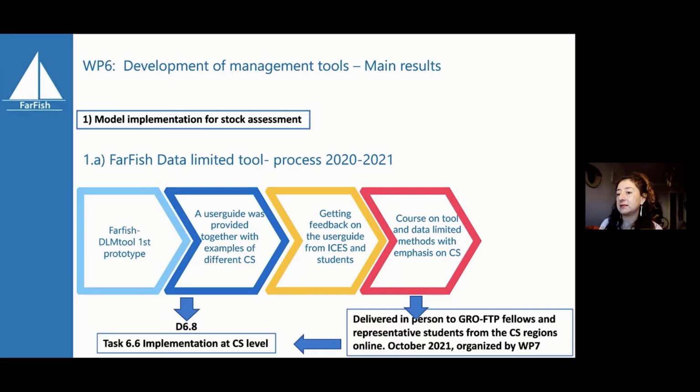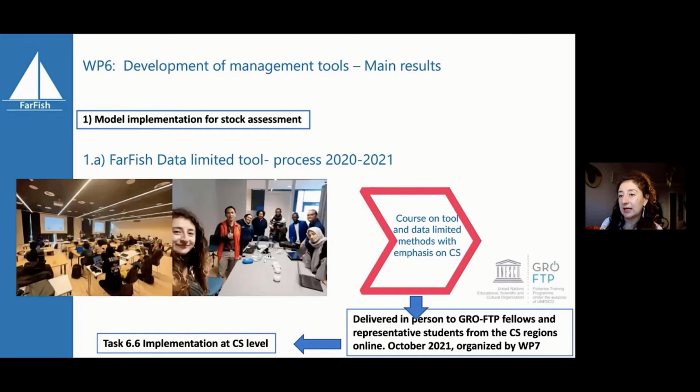We had students from Cabo Verde, from Seychelles, and others. This course was organized by Work Package 7, and mainly the GRO FTP in Iceland. And here we have some pictures of the course.